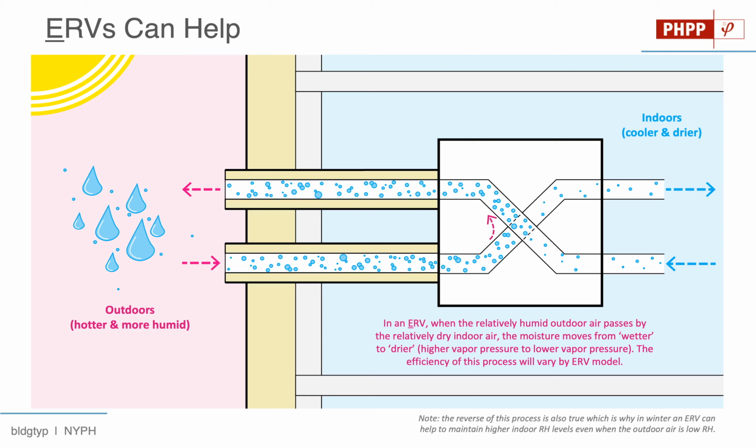Even the best ERV available is only something like 50 or 60% efficient, meaning only 50 or 60% of the moisture is able to be transferred from one airstream to another. But that's still 50 or 60% less moisture coming into your building, significantly improving thermal comfort and reducing the energy expenditure needed for dehumidification. So in many humid climates, an ERV in summertime is a great idea. It keeps that moisture out of the building while still allowing us to supply fresh air into the space.